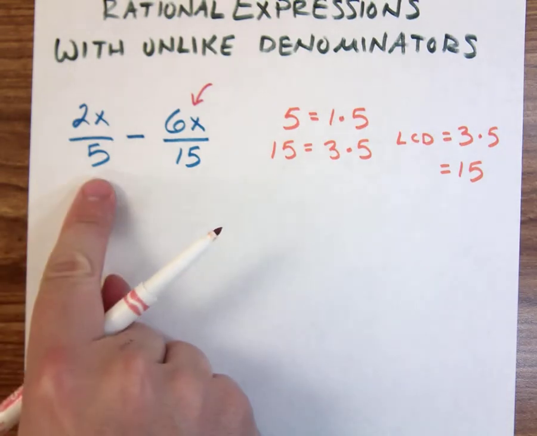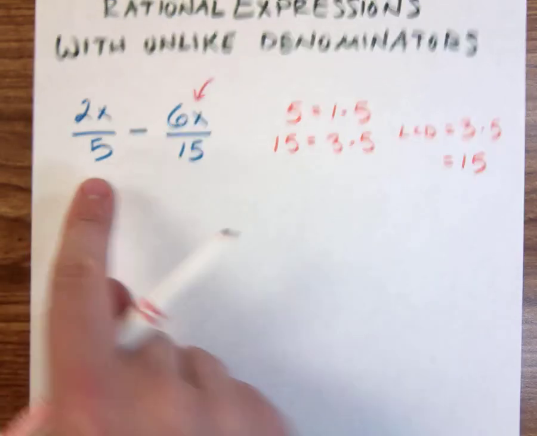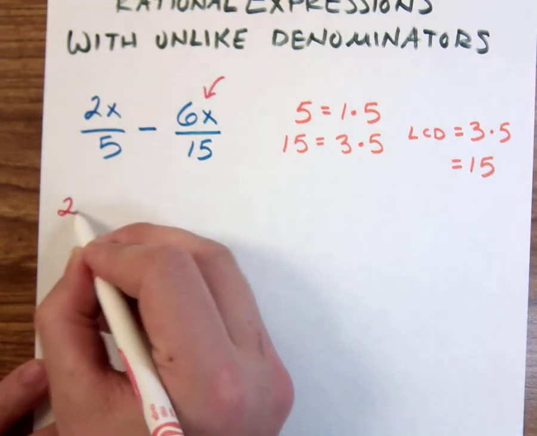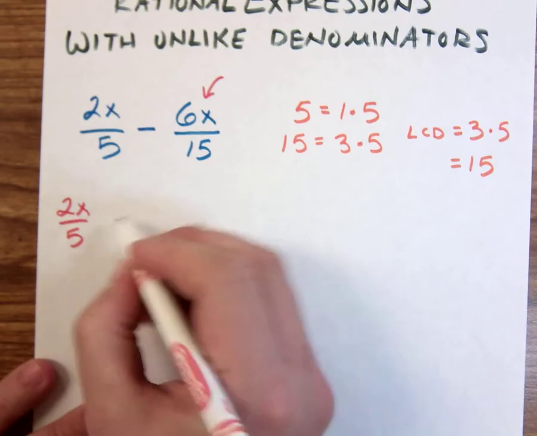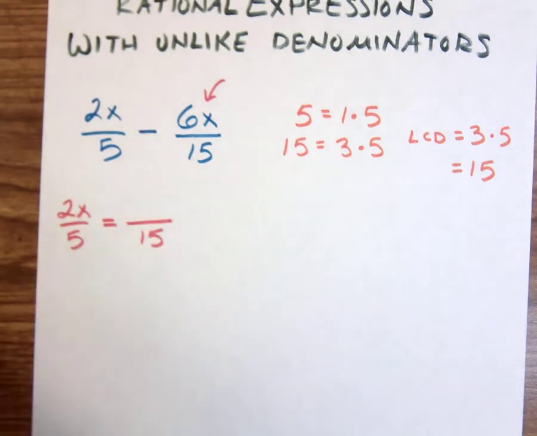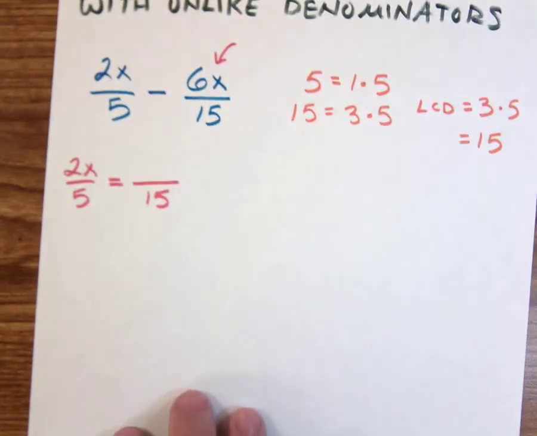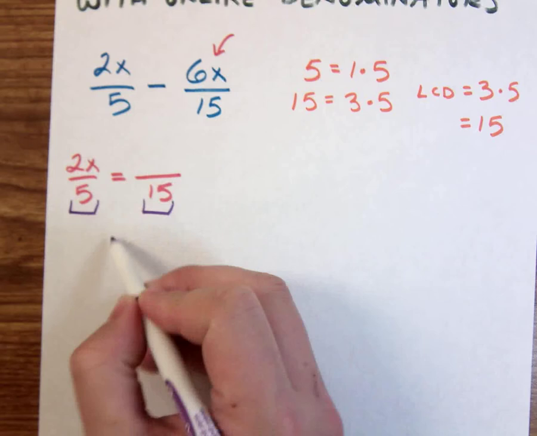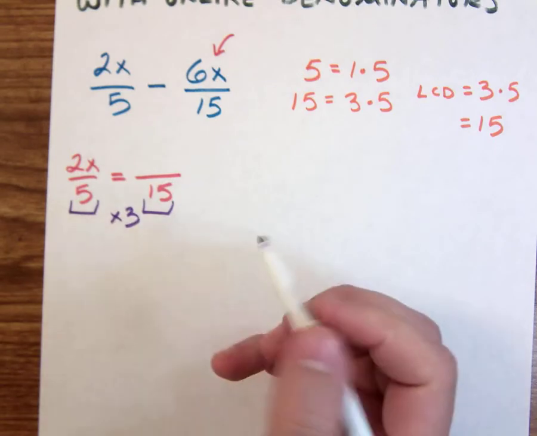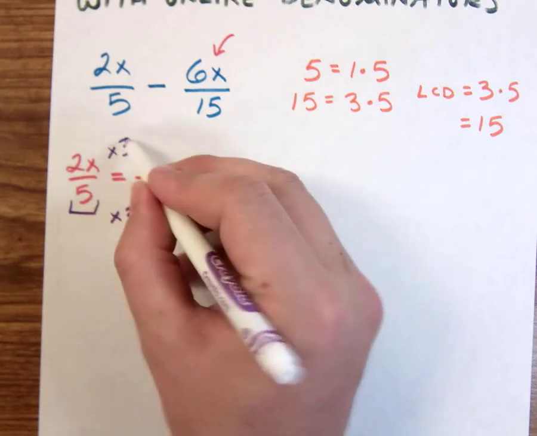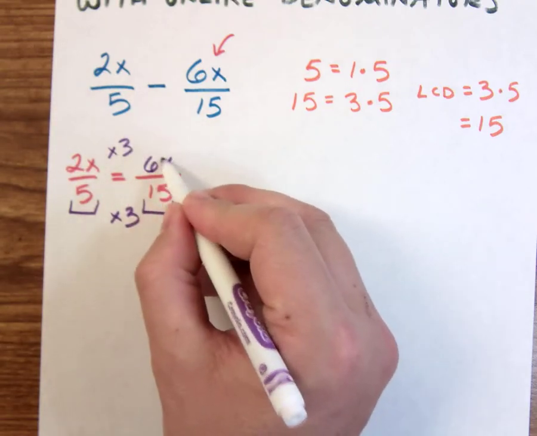This guy does not have a denominator of 15, so I need to take the 2x over 5, and I need to make it have a denominator of 15. To get from 5 to 15, I multiply by 3. And if I multiply by 3 on the denominator, I need to multiply by 3 in the numerator. 2x times 3 is 6x.